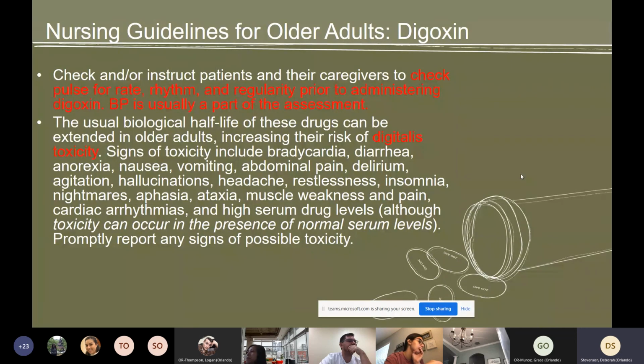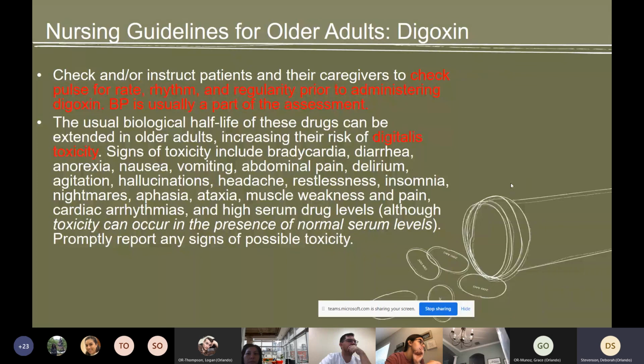Okay, notice that toxicity can occur even if there are normal serum levels, for many reasons. Perhaps the renal function is not as good as it should be. So you can't just go by high serum drug levels to determine toxicity. So digitalis toxicity needs to be reported immediately.